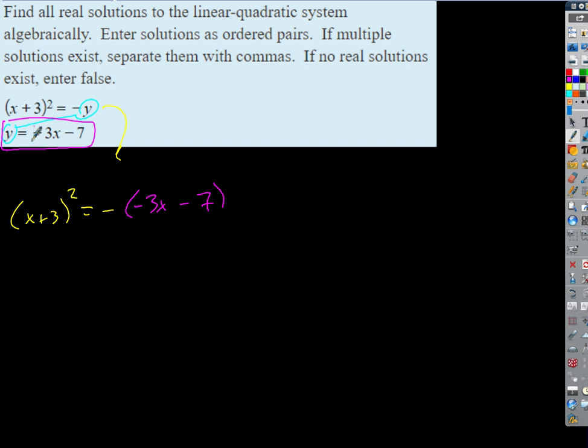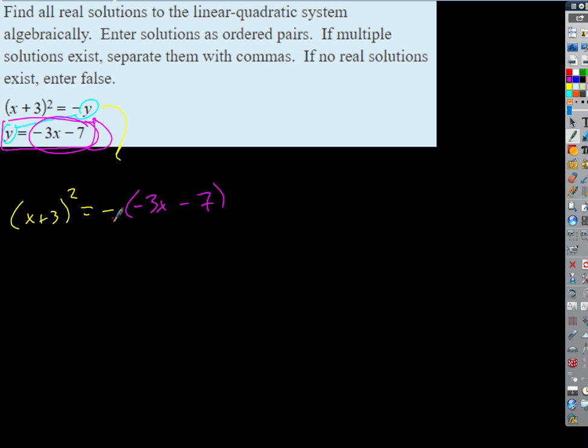If y is equal to this, then I can trade all this stuff down here for y in the top equation. I'm literally just substituting. Where I used to have a y, I'm going to substitute that. But notice that I still have to have that negative outside. How come? Because it's negative y, and that whole thing is y.